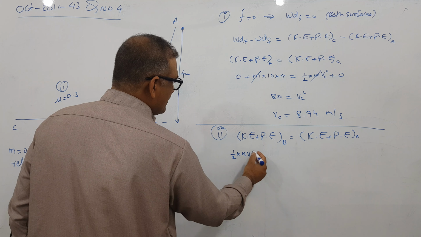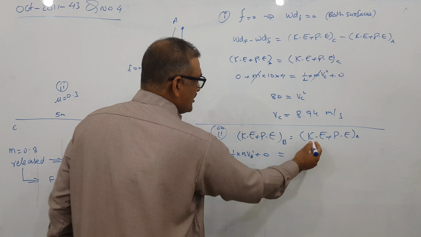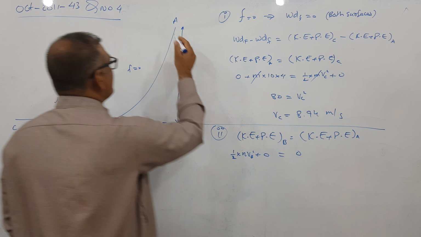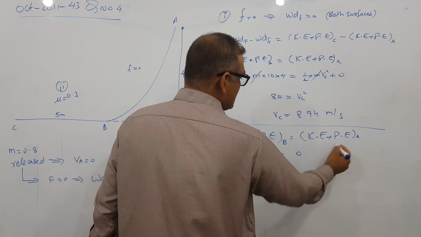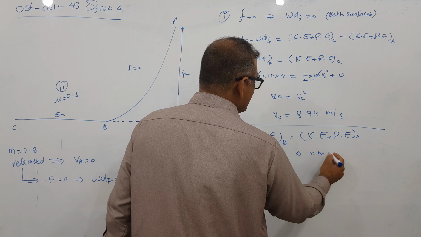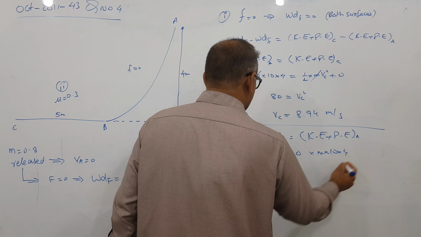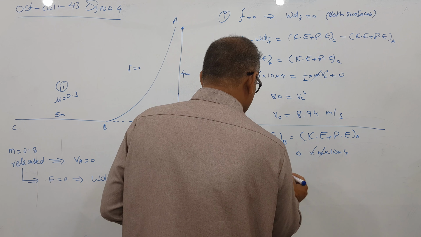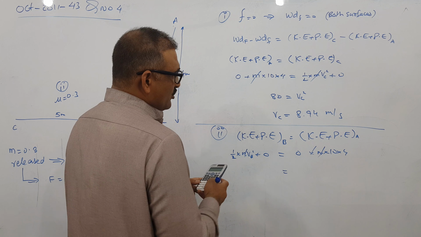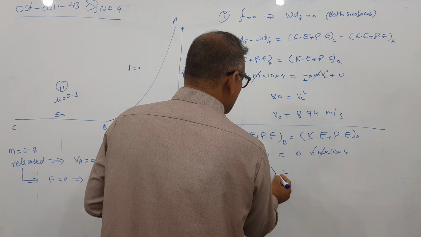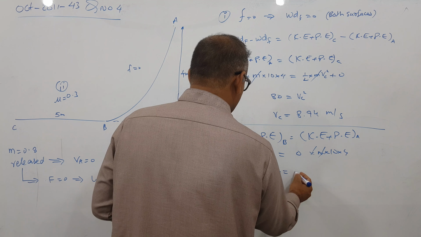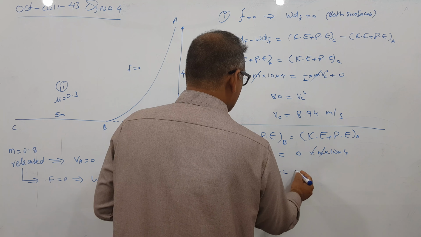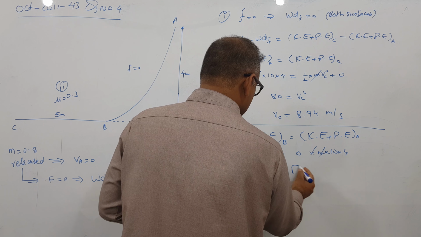So half m vB squared, and the height here is 0, while the kinetic energy at A is 0 because it starts from rest. We know m g: g is 10, h is 4, the mass cancels, and the 2 goes across, so the answer is the same, 80. So vB is root 80.